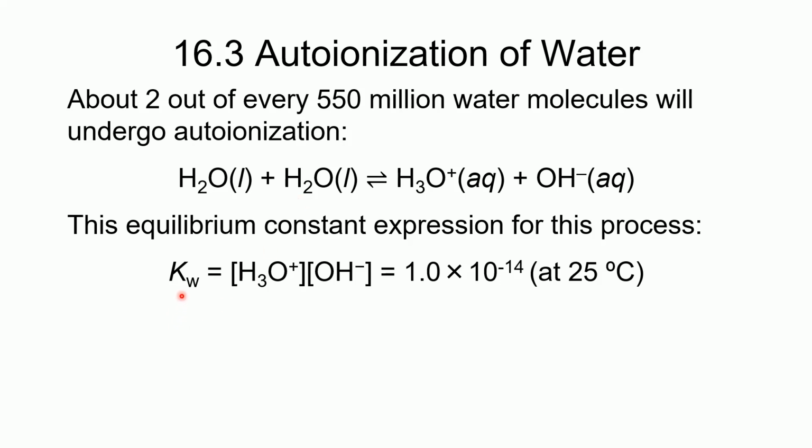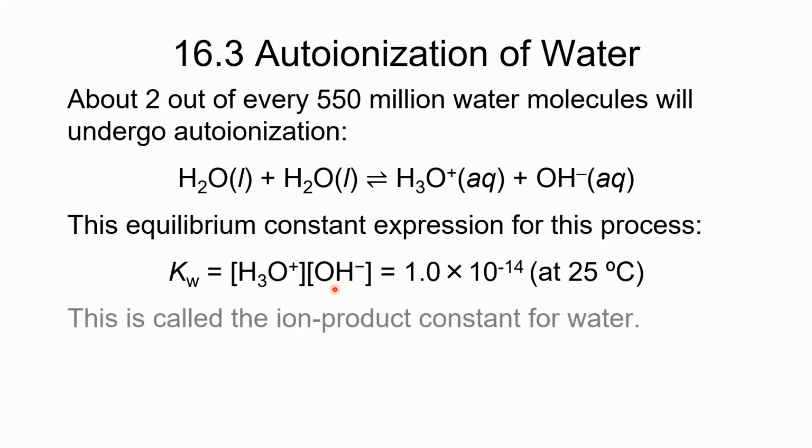Because this is a special kind of equilibrium constant, we give it a special subscript, W. Kw is for, of course, water. We call that the ion product constant for water, and it's simply the dissociation constant for water. It's 1.0 times 10 to the negative 14 at 25 degrees Celsius.